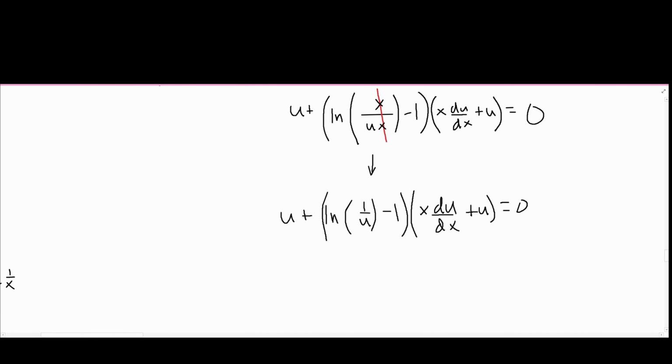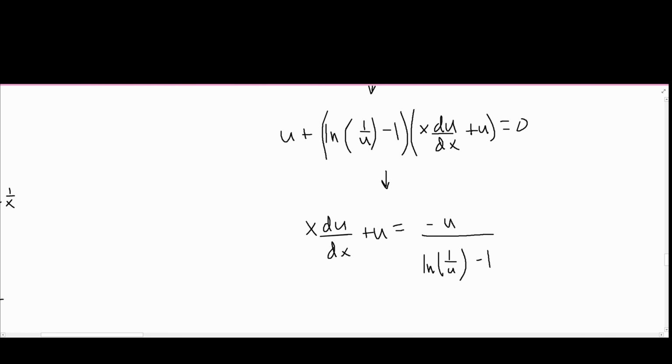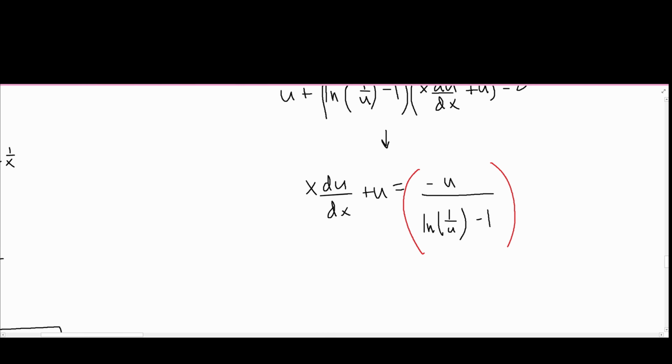So from here, we can subtract u from this, and then we can divide both sides by this. So we get this. Now, what we can do is multiply everything by the opposite of this.